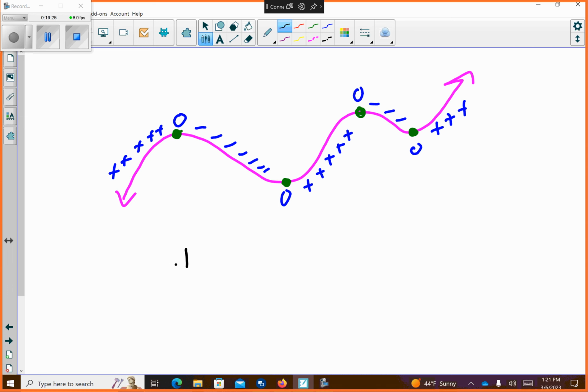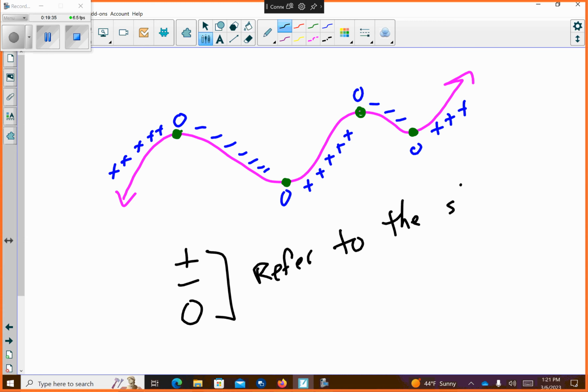So the positive, negative, and 0 refer to the slope of the tangent line. Okay? All that really means is this.